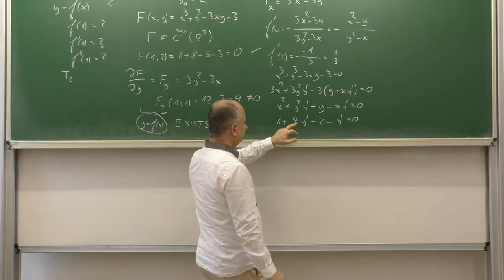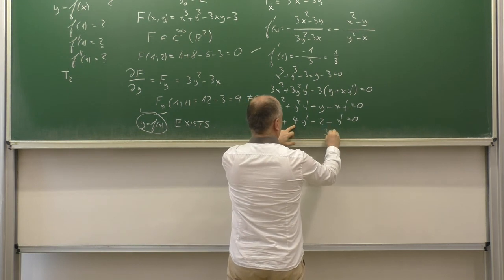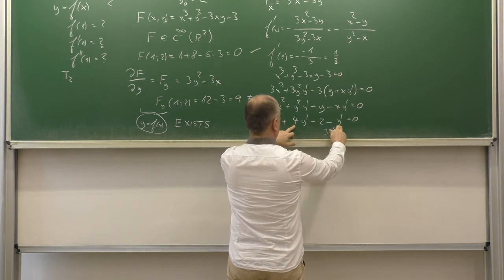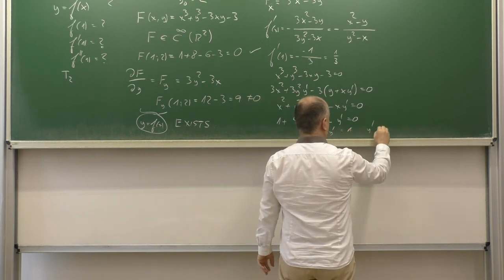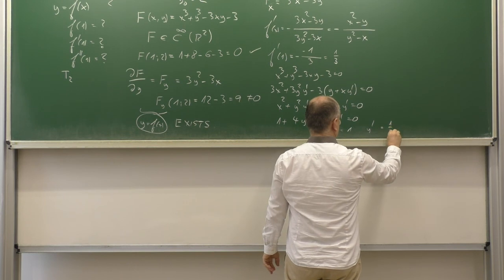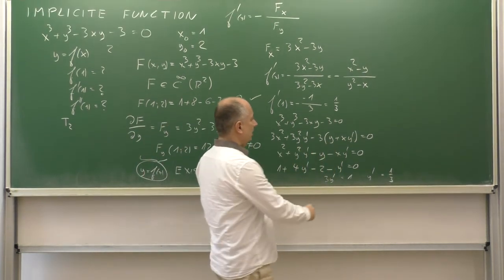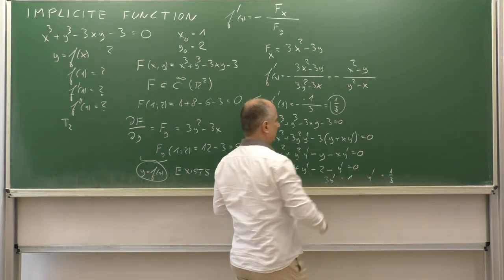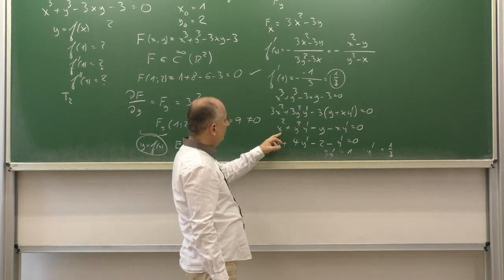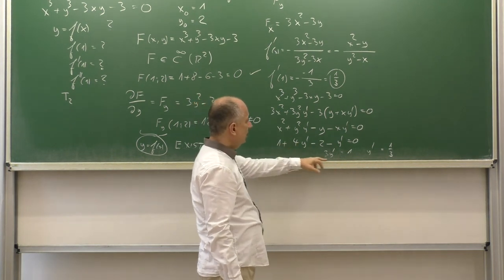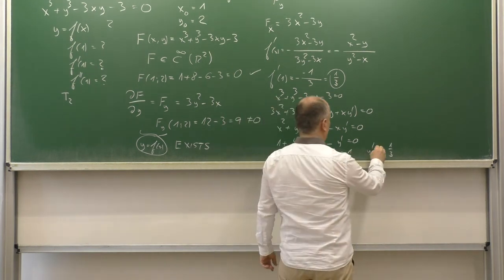That means 3 y derivative is equal to 1. That means y derivative is equal to 1/3. Well, this is in perfect agreement with our previous result. Note that when we substitute the values for x and y, then this is the derivative at x0 equal to 1.